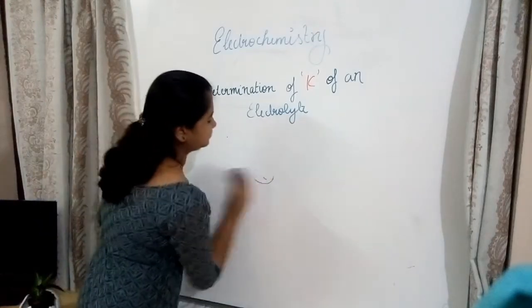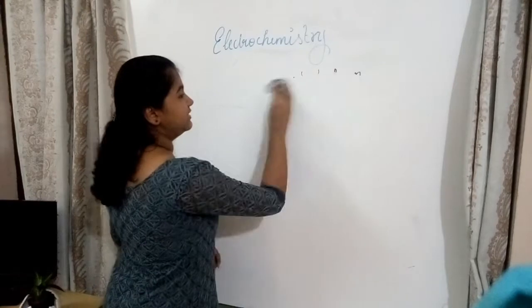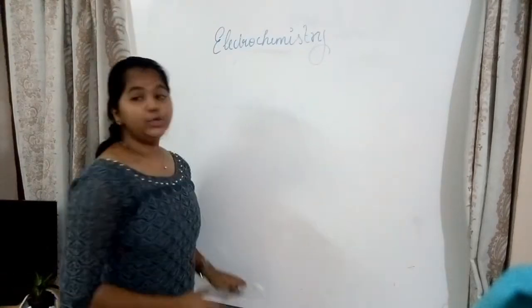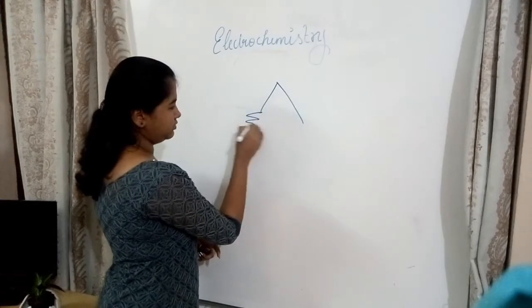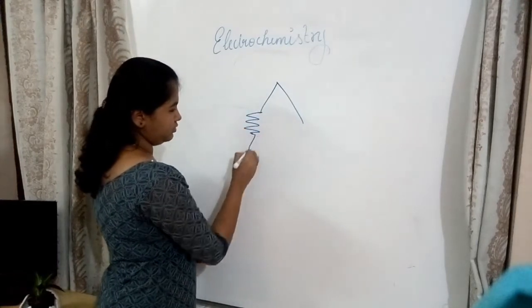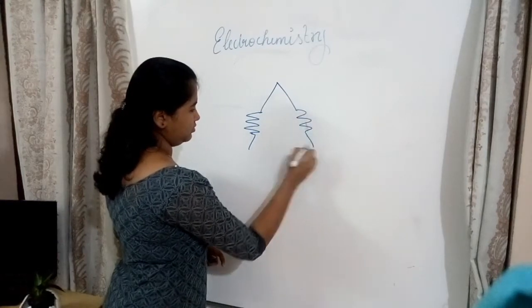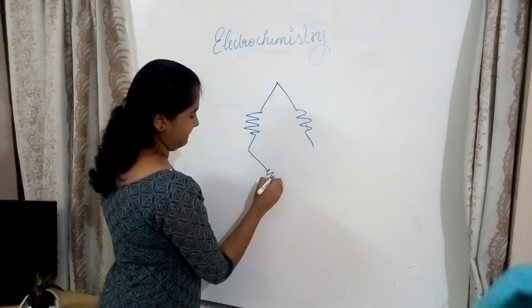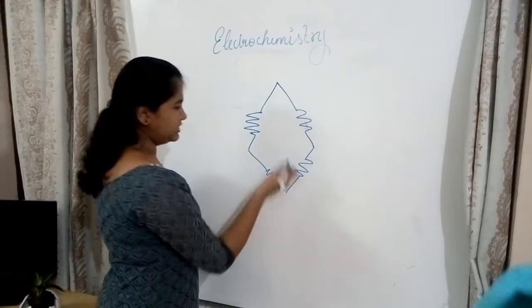To determine the electric resistance of an electrolyte, you have to have a Wheatstone's bridge. So this is the Wheatstone's bridge.